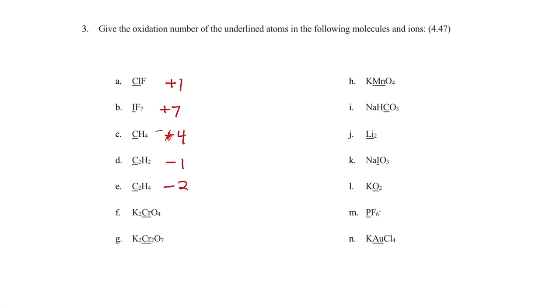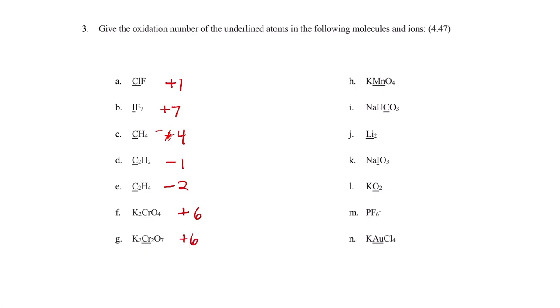So I have +2 and -8. Chromium must be +6. And in letter G, potassium is still +1 and oxygen still -2. So I have a +2 and a -14. That gives me -12. So the chromiums will be +12. That's +6 for each one.